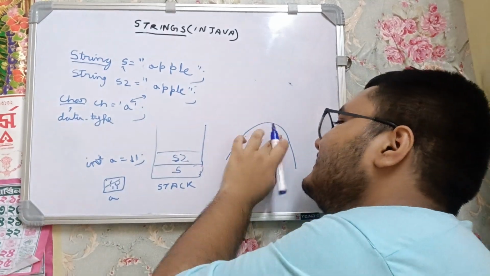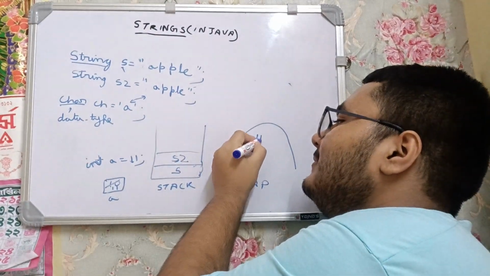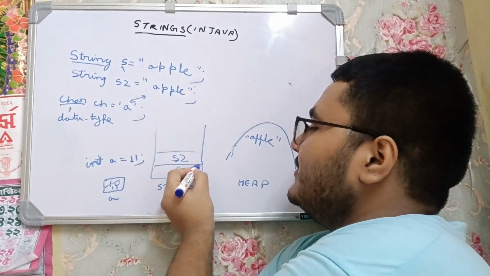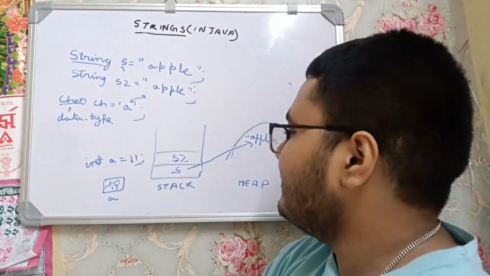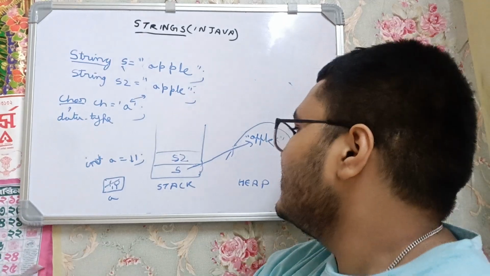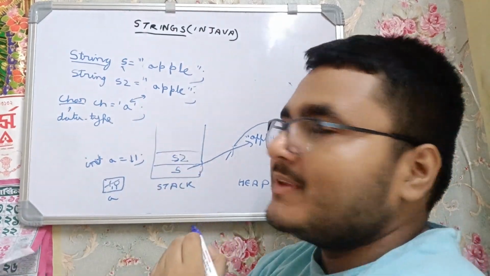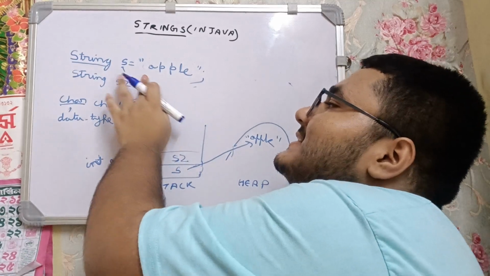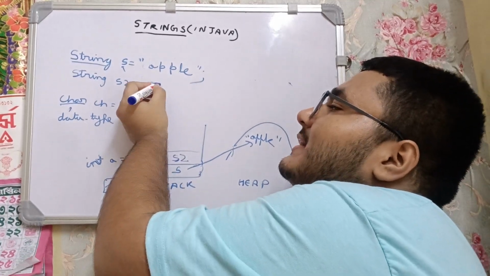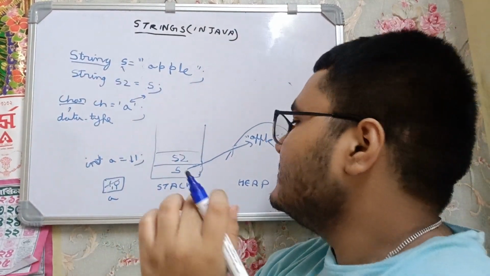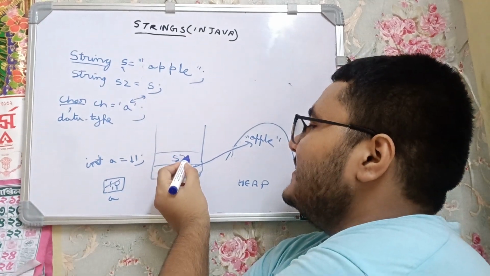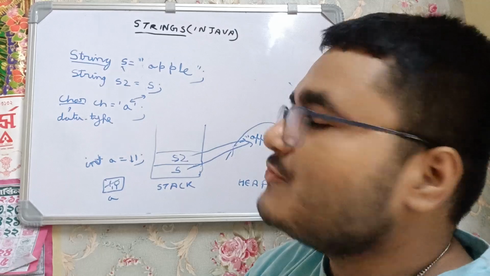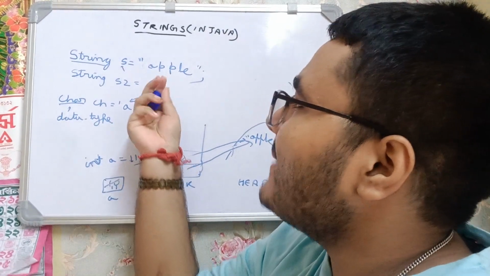This is an apple, and s is pointing to that. Also, say I am writing s2 is equal to s, so s2 will also be pointing to the same apple. s2 is equal to s means the same thing, that is apple.